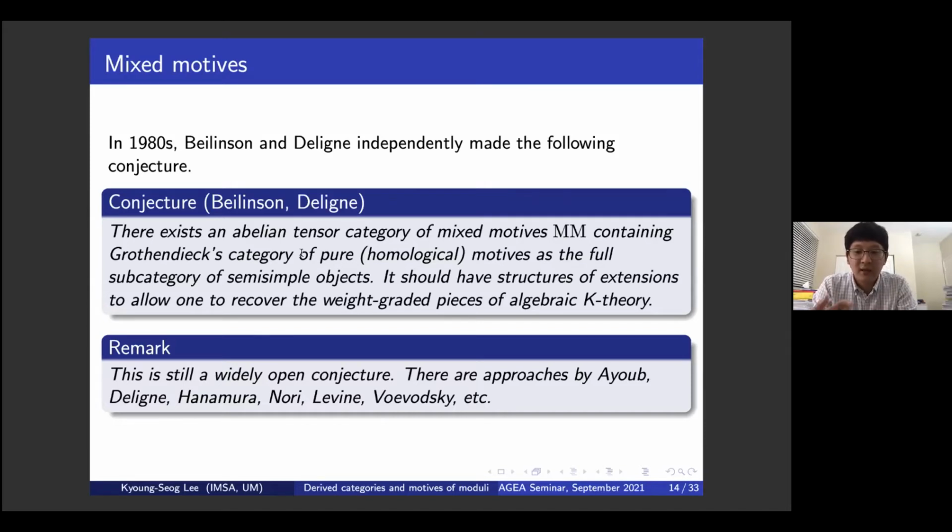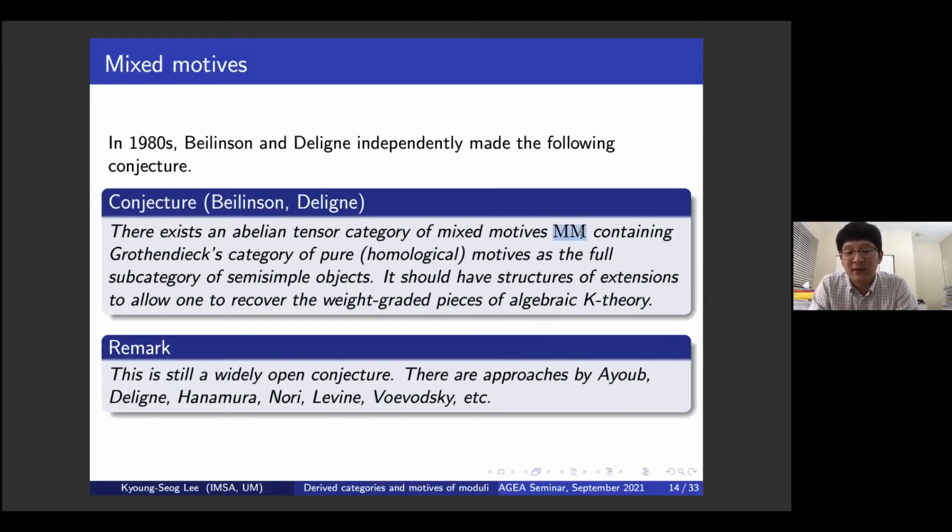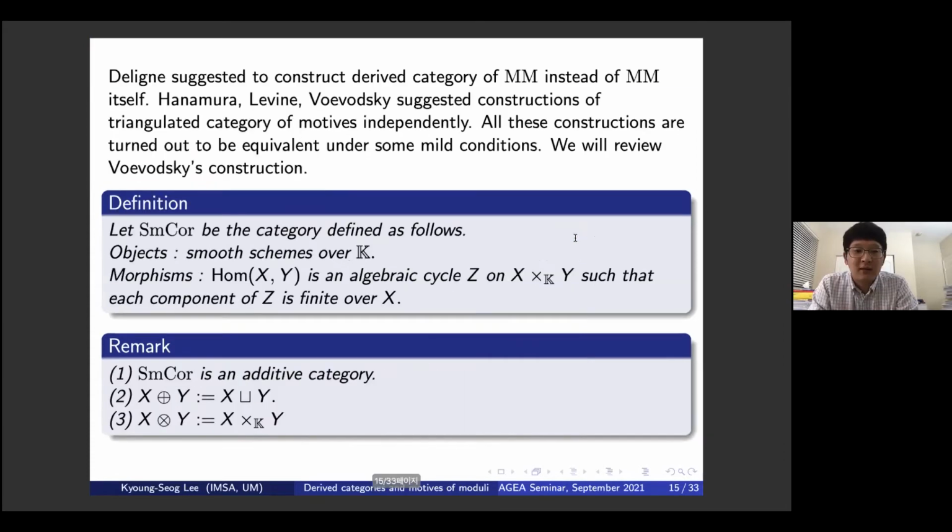And they conjectured that this has a structure of extensions which recovers the weight graded pieces of algebraic K-theory. This is still a wide open conjecture, and there are many approaches, but I think nobody has constructed this category of motifs yet. But then Deligne suggested that, since this category is so hard to construct, one should construct a derived category of these motifs instead of constructing the category itself.